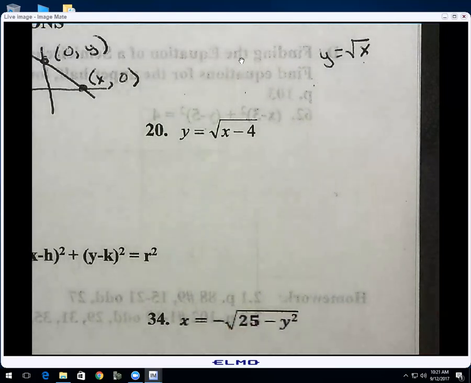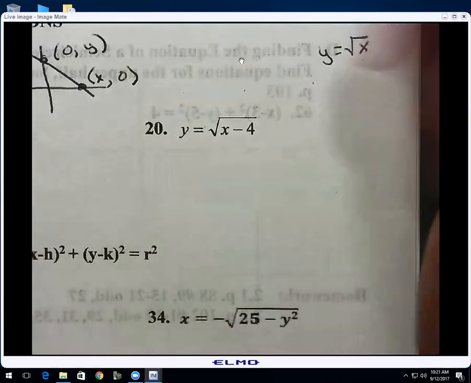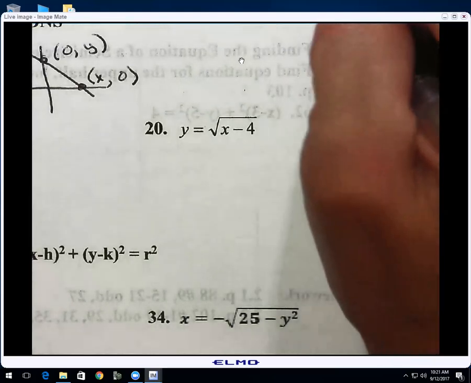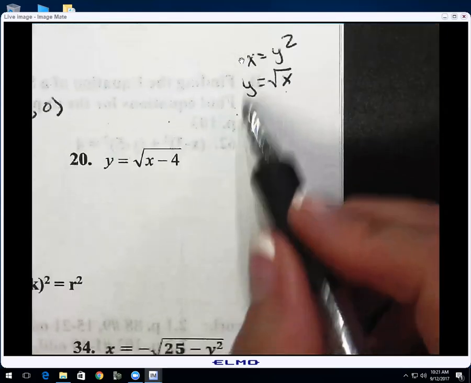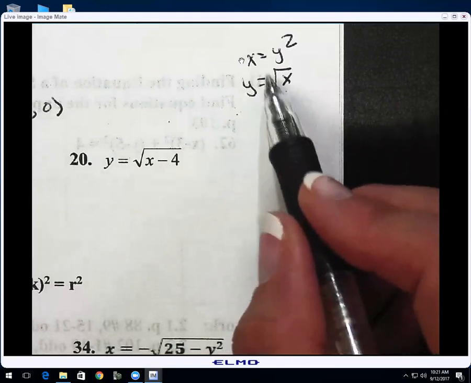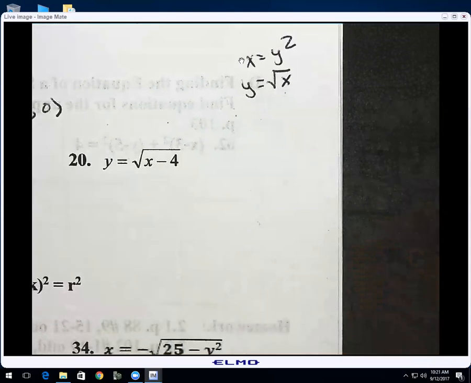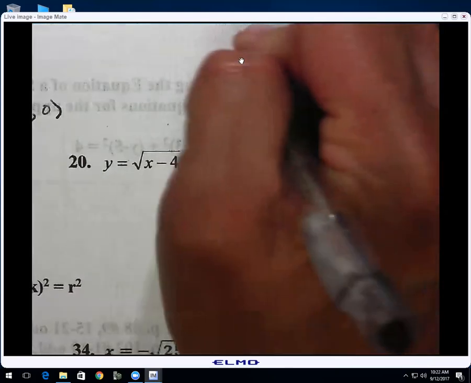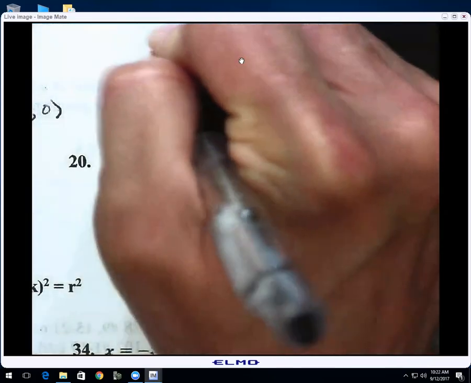This is y equals x squared. This is x equals y squared. If I took x equals y squared and took the square root of both sides, I'd have y is plus or minus square root of x. Plus or minus square root of x would be the whole sideways parabola. But if I just have the positive square root of x, it's just the top half of that parabola. This is a sideways parabola.